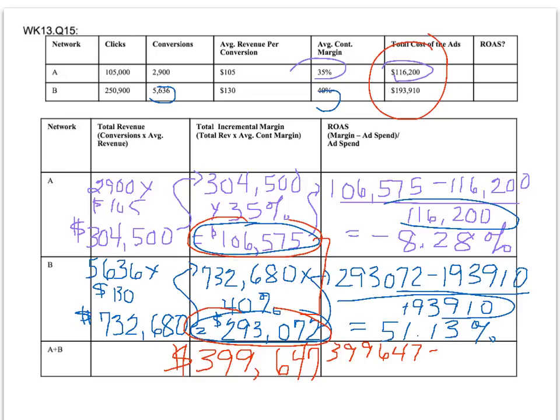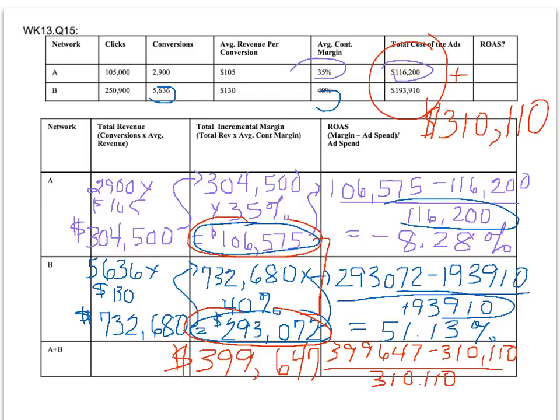Take the total cost of the ad, so add those two together to give a total cost of 310,110, all divided by the total cost. And what you're going to end up with is 28.87%. So combining the two networks, your total return on ad spend is 28.87%.